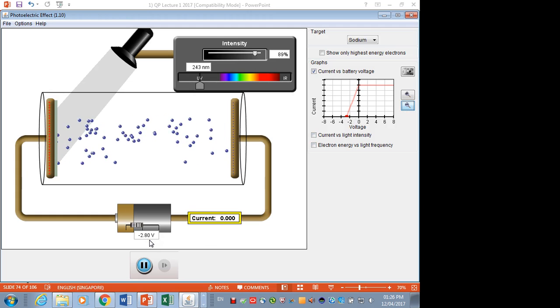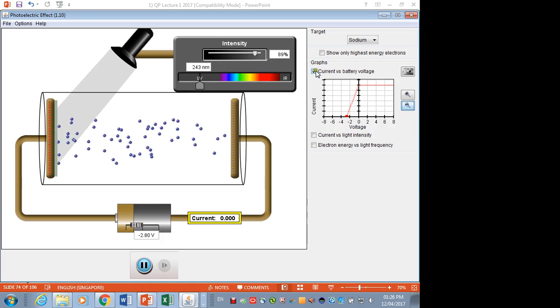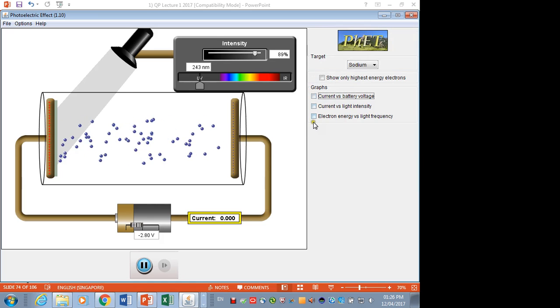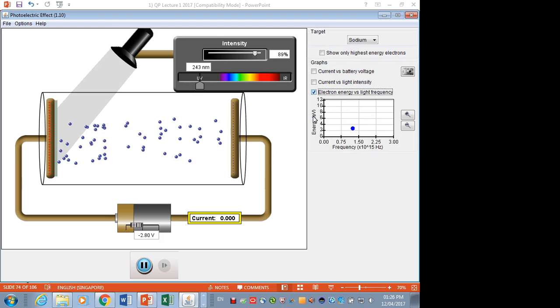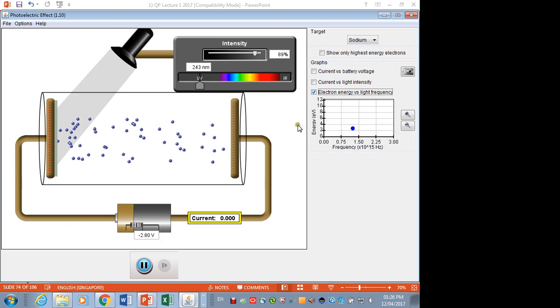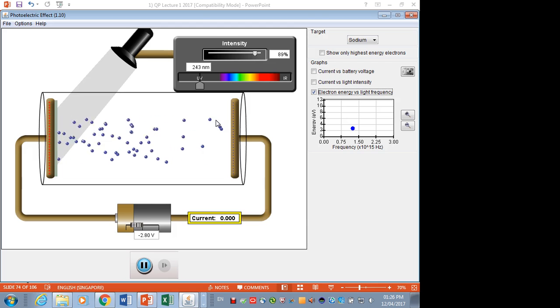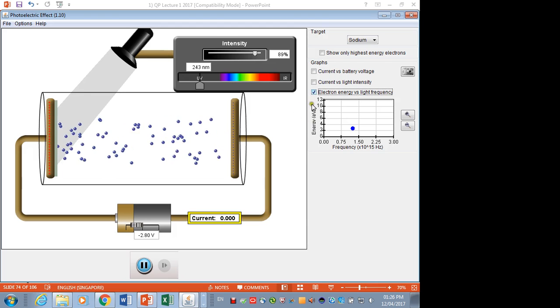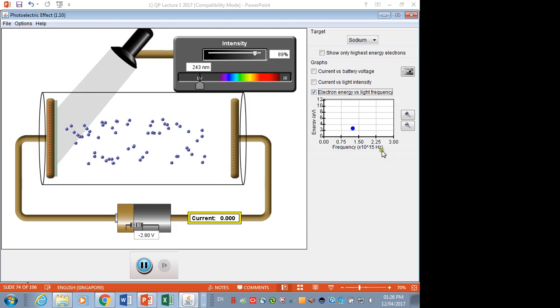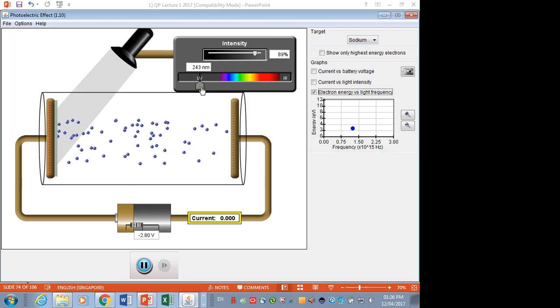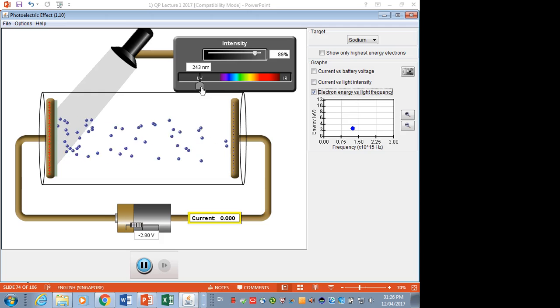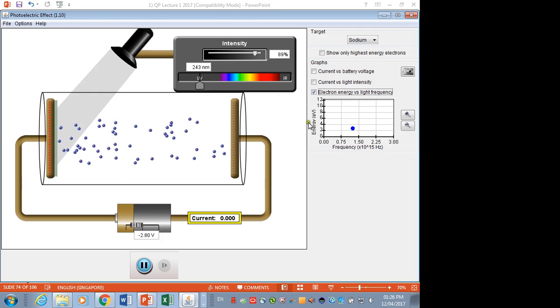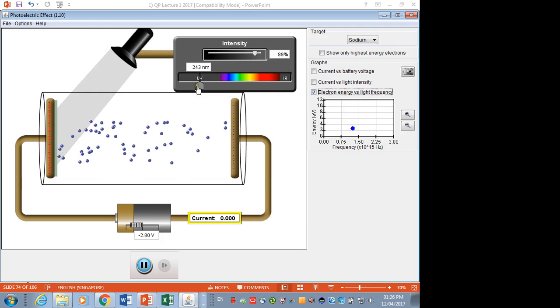Okay? Now, let's change. Let's look at the electron energy versus frequency. This is the electron energy, stopping potential versus frequency graph. If I change the frequency, the stopping potential will change.